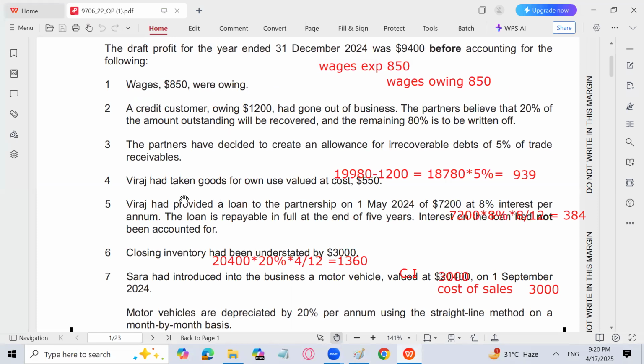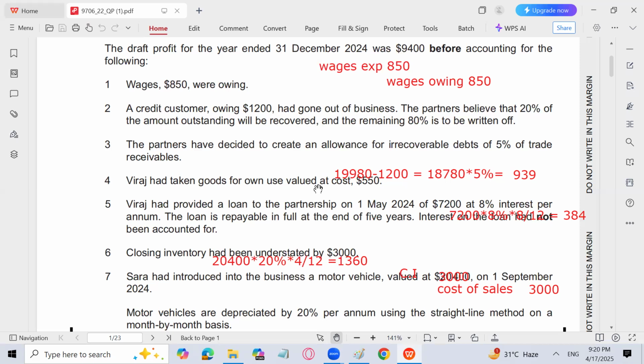Next is Viraj has taken goods for own use valued at cost 550. So that is going to be the drawings actually. The entry is going to be drawings debit and purchases credit 550. It means that we have not recorded that entry. We have to credit purchases, and because of that, profit will increase.